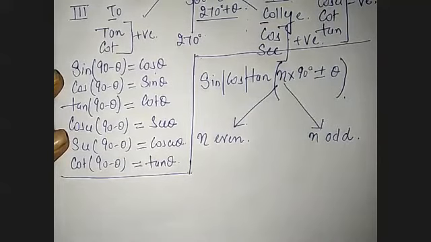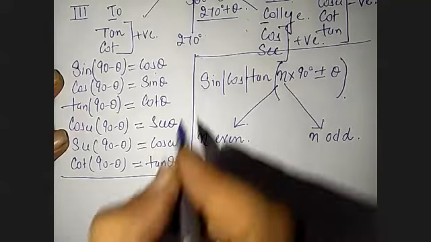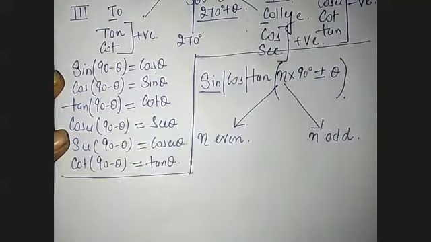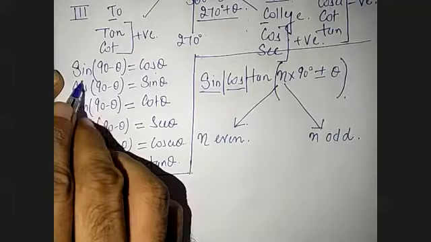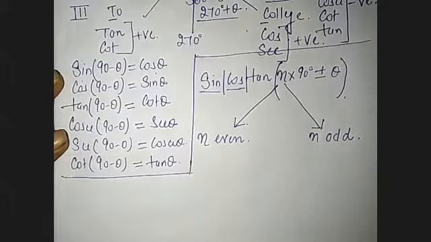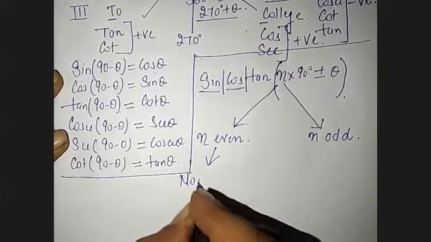If n is even, the trigonometric ratio will not change. What does no change mean? If we are given sine, it will remain sine. If we are given cos, it will remain cos.